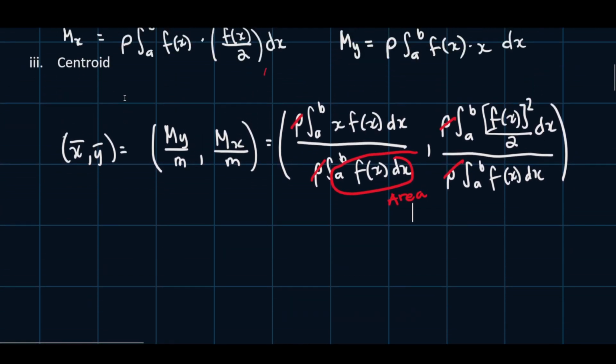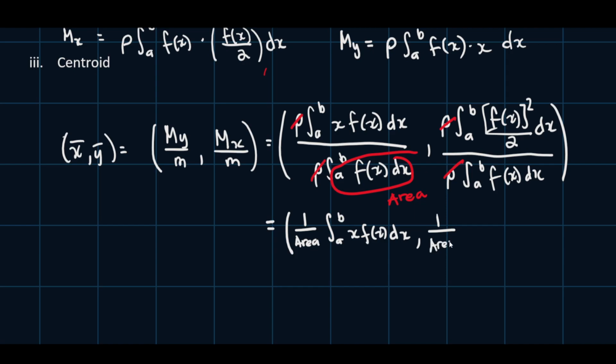So we can think instead that the centroid is equal to 1 over area times the definite integral from a to b of x f of x dx, and 1 over area times the definite integral from a to b of f of x squared over 2 dx.